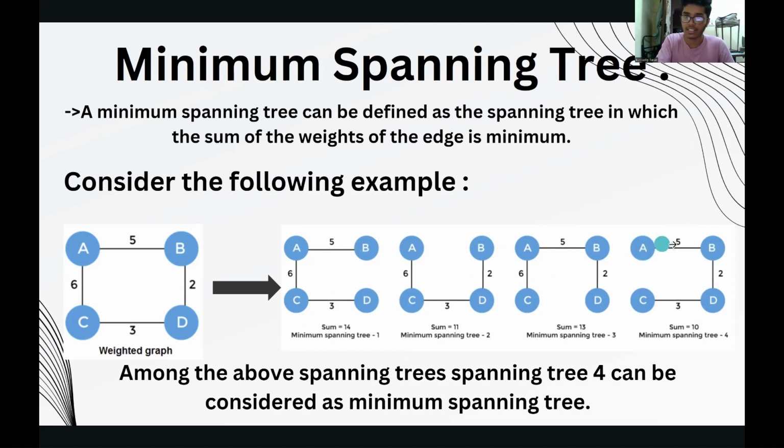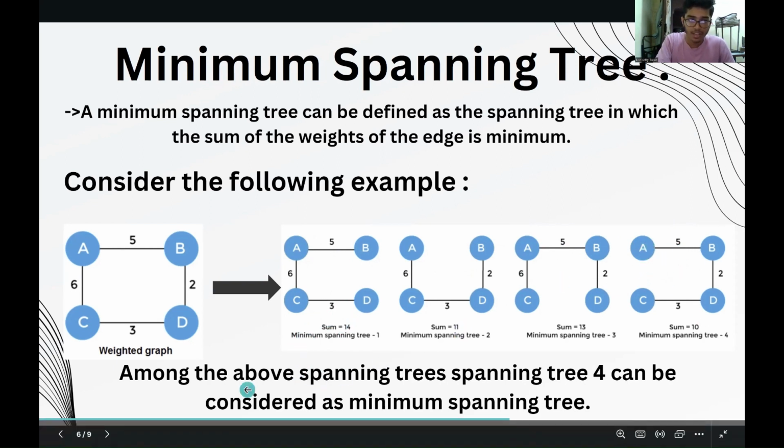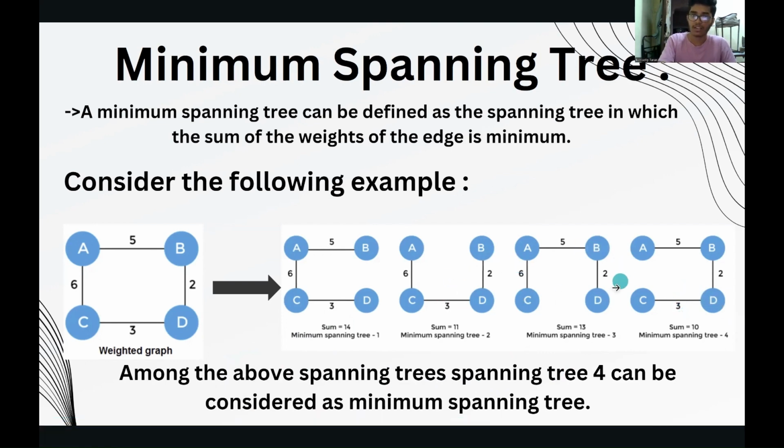Hence, we can say that this is a minimum spanning tree. Among the above spanning trees, spanning tree 4 can be considered as the minimum spanning tree, because it has the cost 10, which is lowest among these 4 spanning trees.